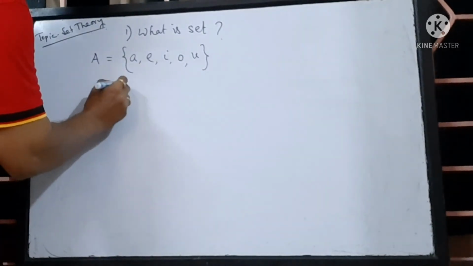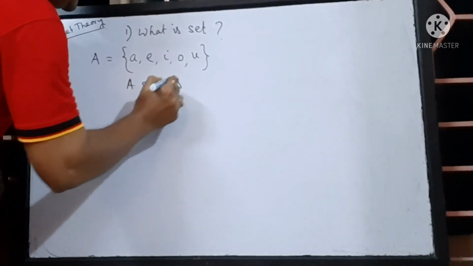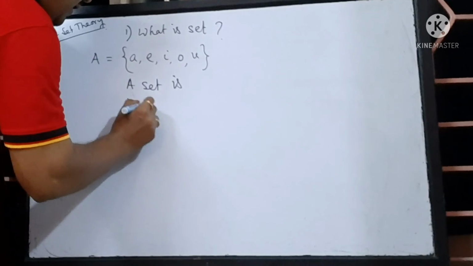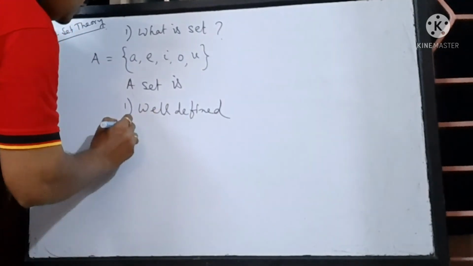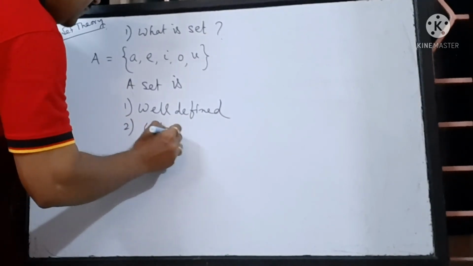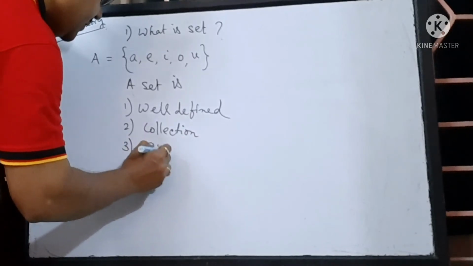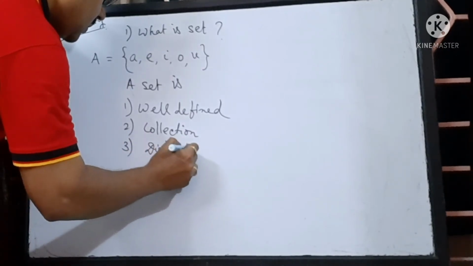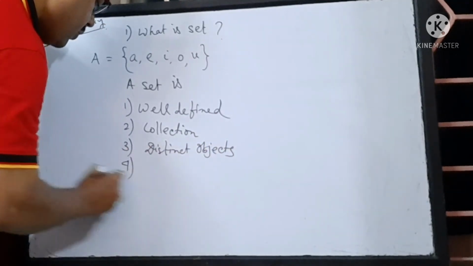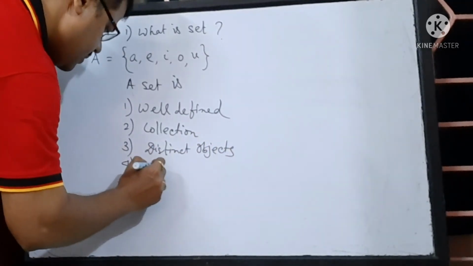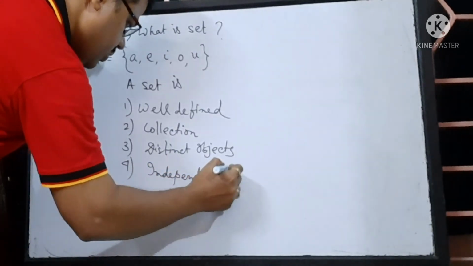So we can say a set is, number one, well defined; number two, a collection; number three, of distinct objects; and number four, independent of order.